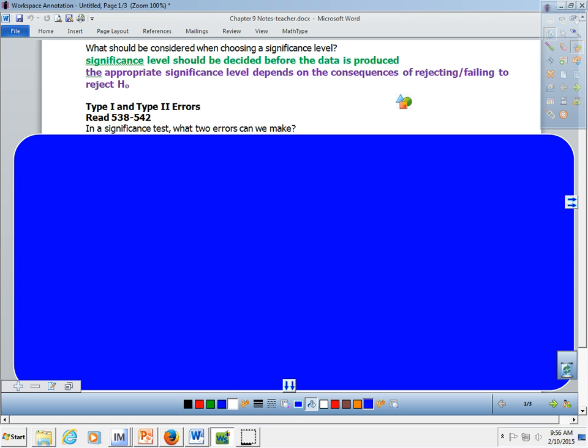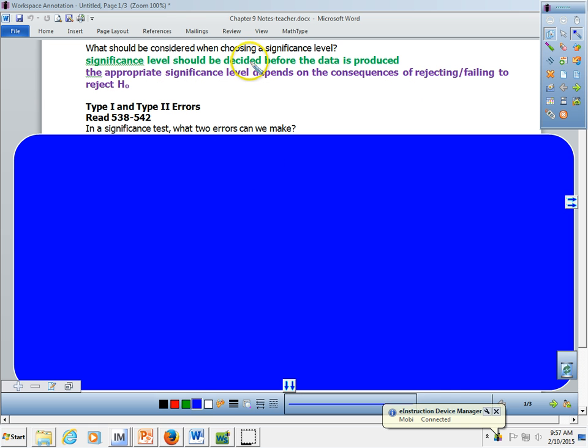And you have to remember that comparing our p-value, or the probability of our sample giving us this result, assuming the null is true, that p-value is going to be compared to your alpha, or your significance level. And based on that comparison, you'll either reject or fail to reject your null hypothesis.